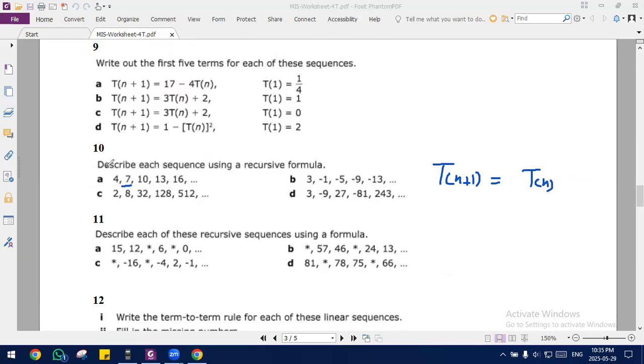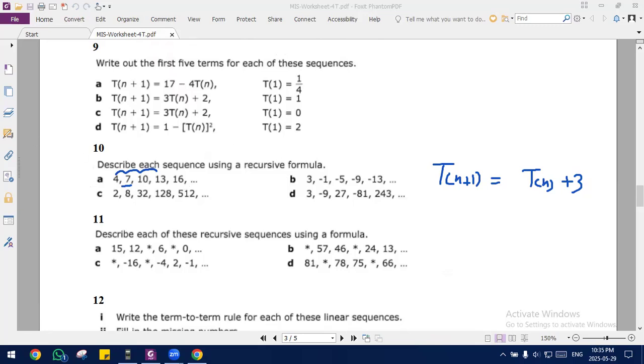Here, we need to understand the rule. What's the rule? 4 plus 3, 7, plus 3, 10, plus 3, 13. Each time it is increasing by 3. So what do we write? We write Tn plus 3. Now let's try the first Tn. What is it? It's 4. 4 plus 3, 7. And then 7 plus 3, 10. 10 plus 3, 13.